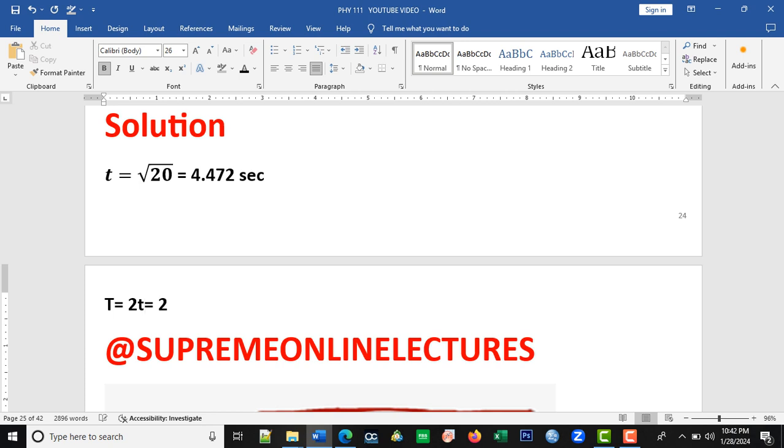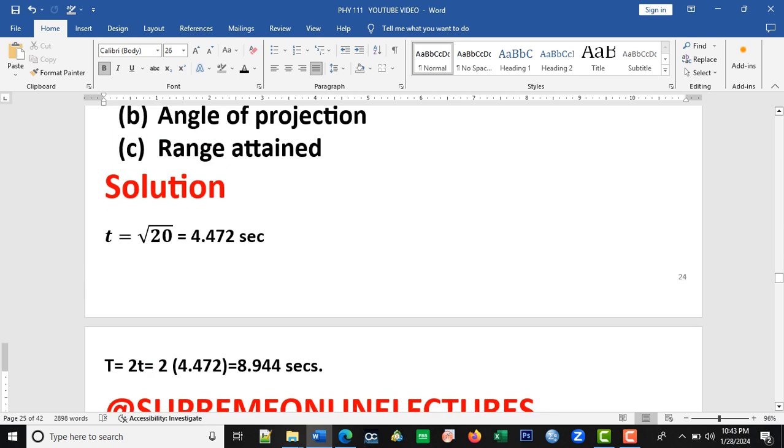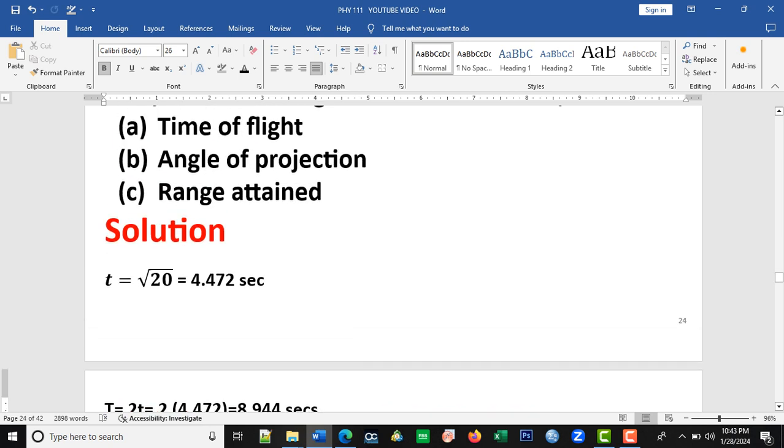So this would be 2 times 4.472, which will give us 8.944 seconds. So I'm done with the first problem A, the time of flight.